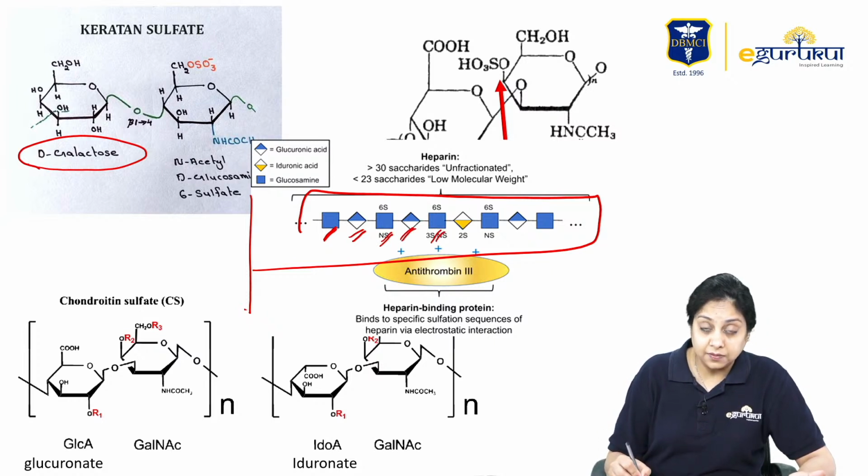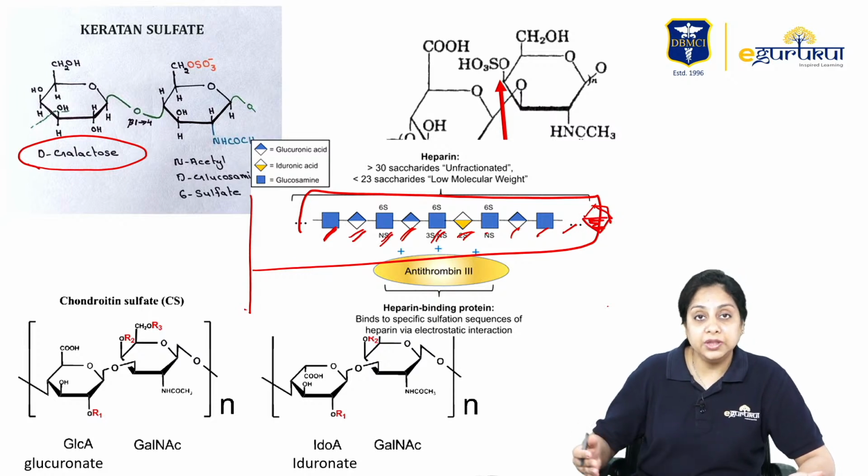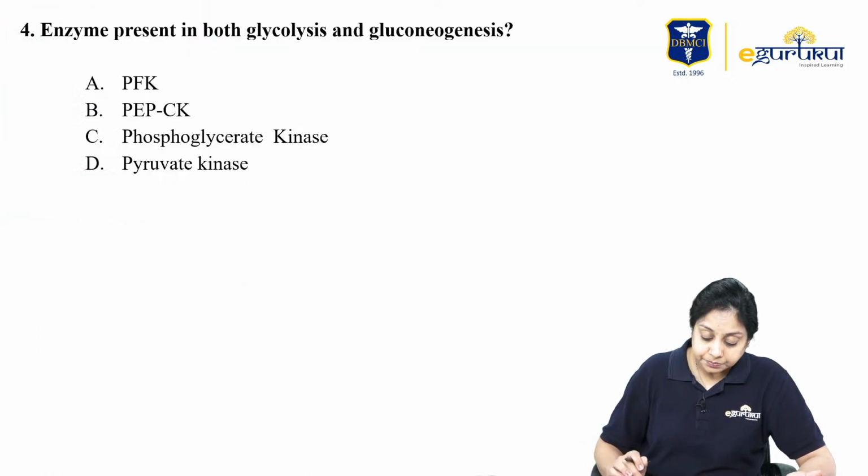This is repetitive in this fashion. And then there is iduronic acid, then again the glucosamine, glucuronic acid, glucosamine, glucuronic acid, then finally it will have a diamond shaped iduronic acid. This will be the sequence of the heparin.